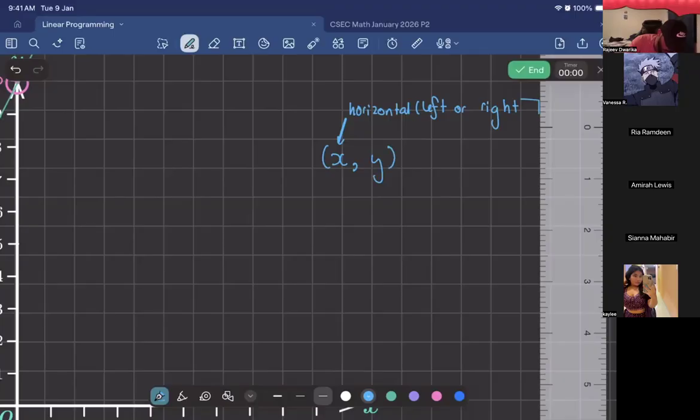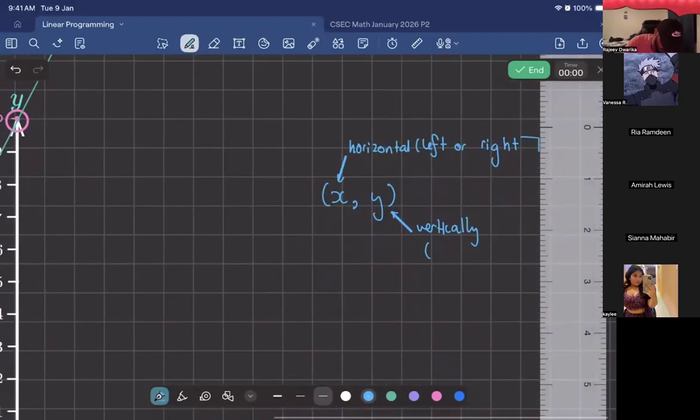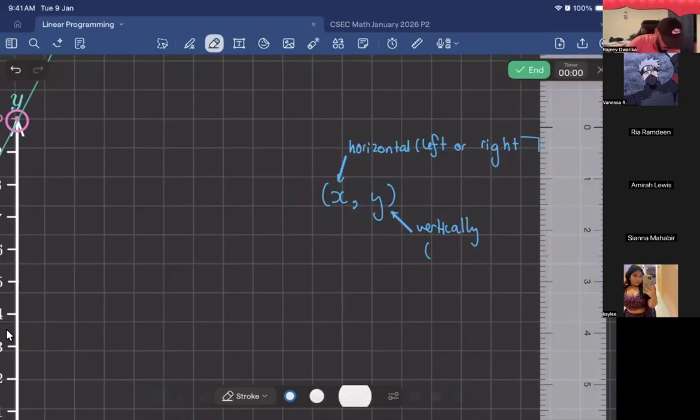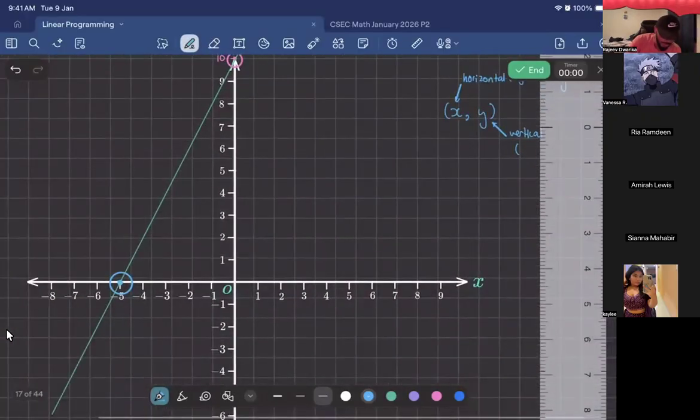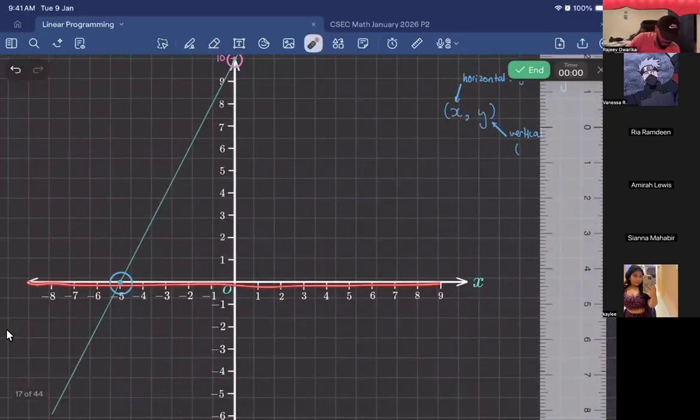And the y value is what you're going to tell me next. That tells me how to move vertically. Now, guys, when you hear vertically, what do you think of? If horizontally is left or right, what will vertical be? If you're on the x-axis, you can move left or right.